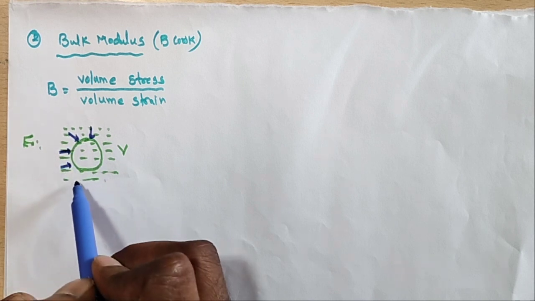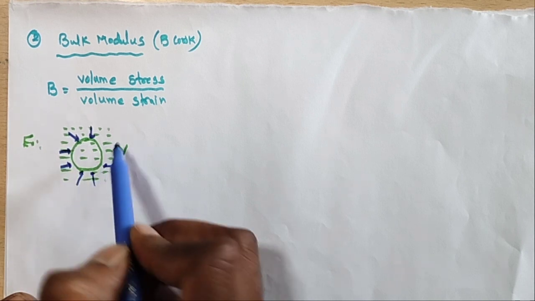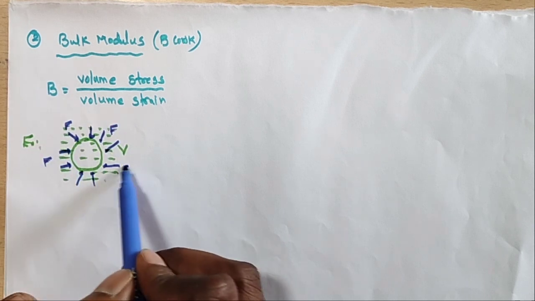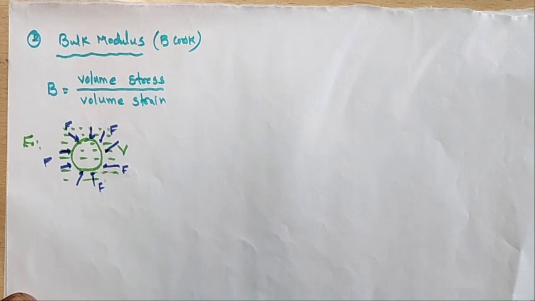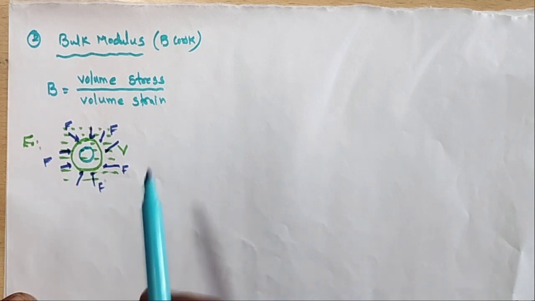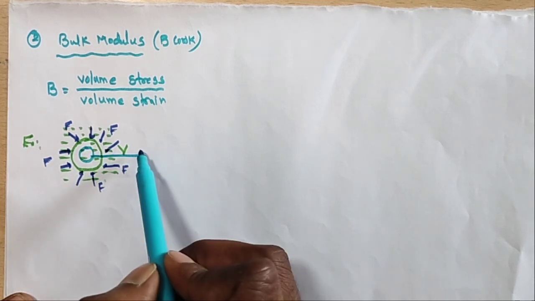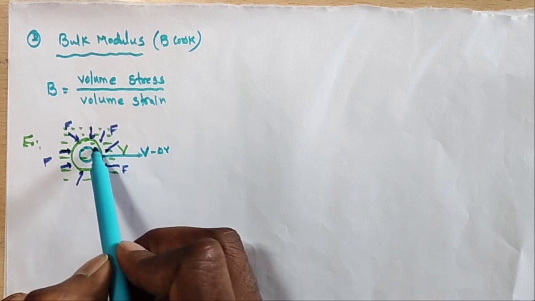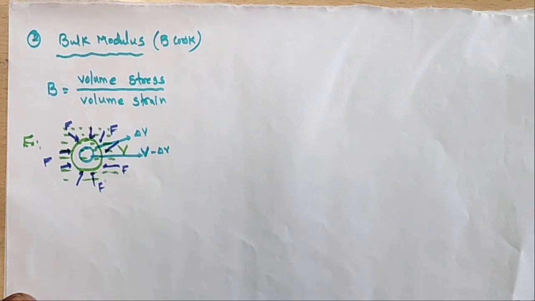The force is always acting normally on this object. What happens? The volume of the material changes. This is the final value. So what is the final volume here? V minus delta V. So the volume will change.